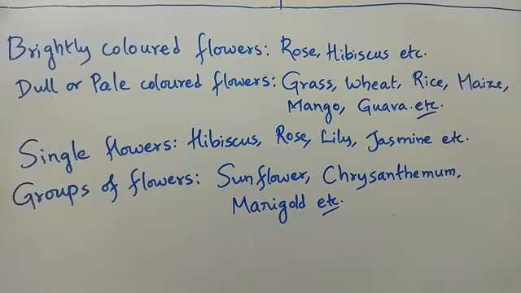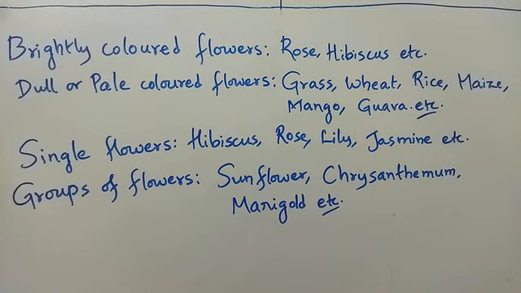So, the brightly colored flowers having plants, examples are rose, hibiscus, lily, jasmine, etc. Dull or pale colored flowers having plants, examples are grass, wheat, rice, maize, mango, guava, etc. As I said, in many of the plants, the flowers are single flowers or solitary flowers, whereas in some plants, flowers are present as groups.